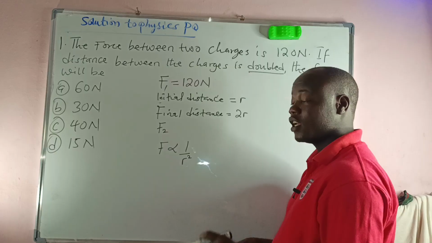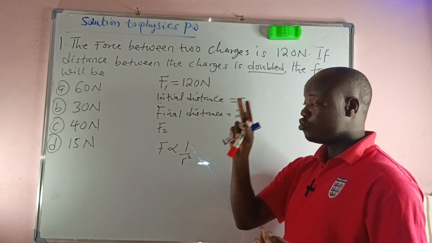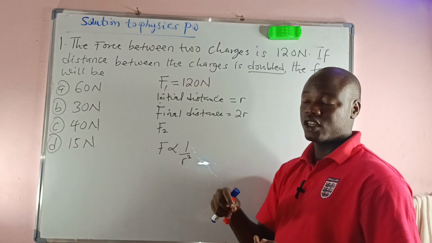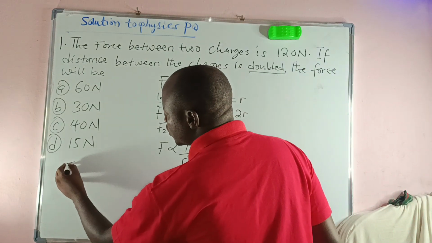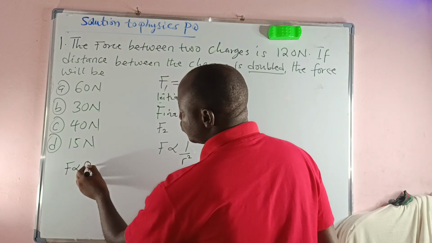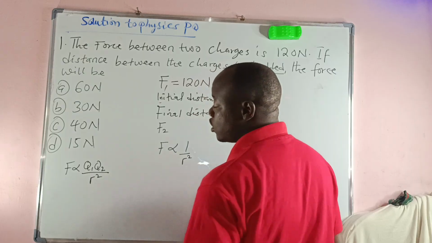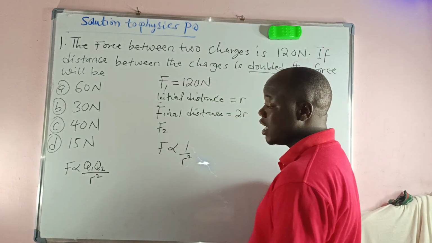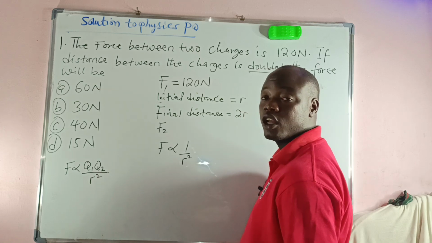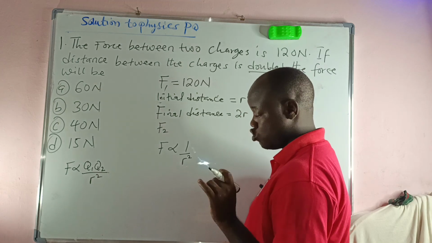The law says that the force of attraction is directly proportional to the product of the two charges and inversely proportional to the square of the distance between them. This is how the law looks: F is directly proportional to Q1 Q2 all over R square.